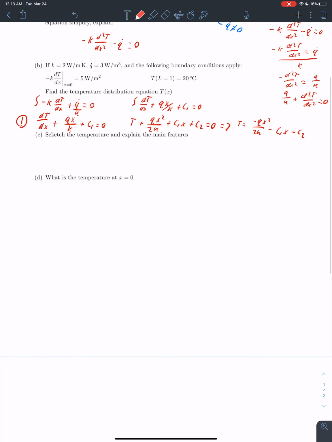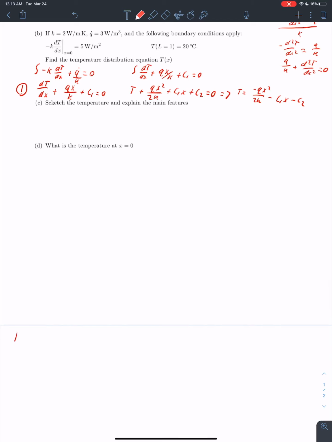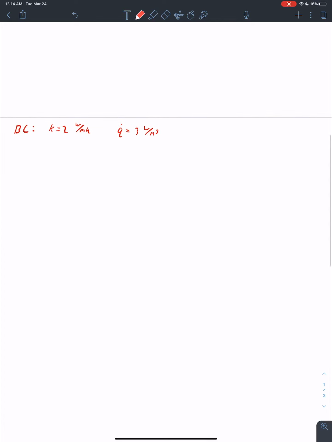So now we'll consider the boundary conditions. We know that thermal conductivity is equal to 2 watts per meter Kelvin, and heat generation is equal to 3 watts per meter cubed.